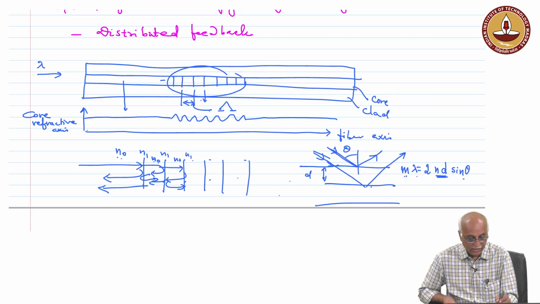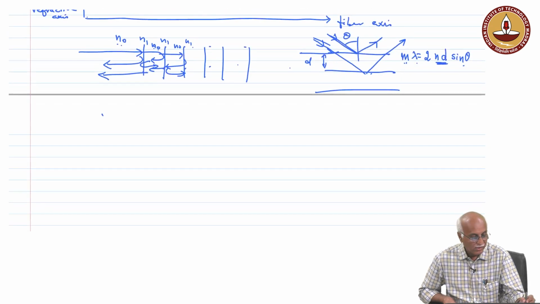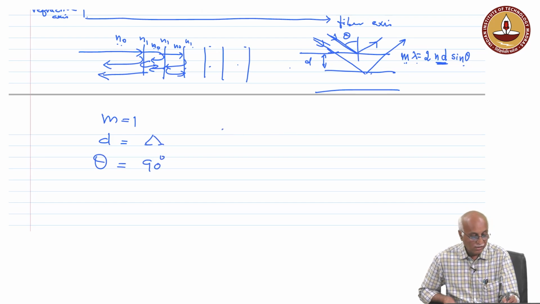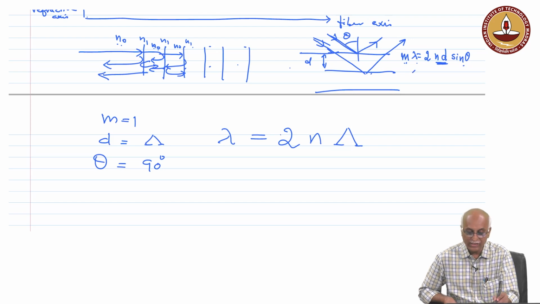So, let us say m is 1, d is nothing but the lambda, and theta is 90 degrees. Then lambda is equal to 2 n into this lambda, from the Bragg equation. Lambda on the left is the optical electromagnetic wavelength.